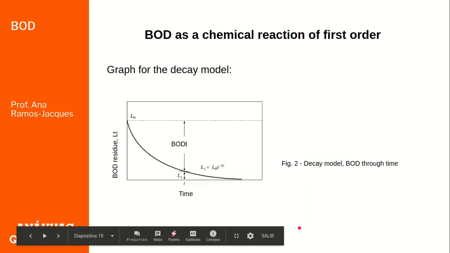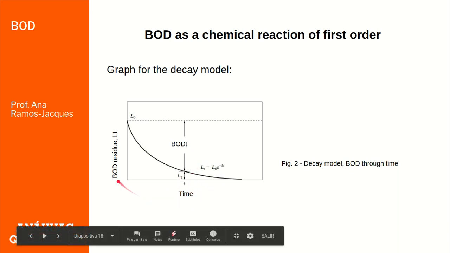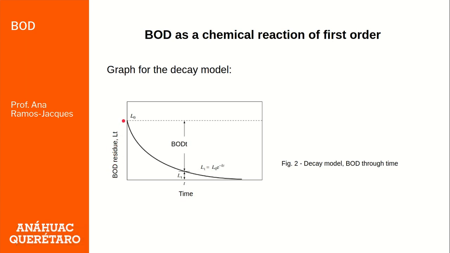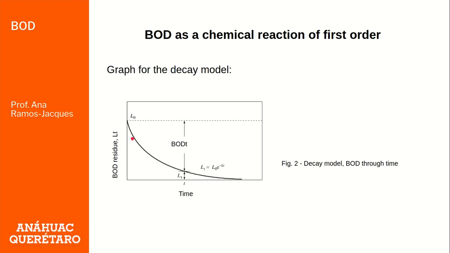If we graph the equation 4 formula, you can see the exponential decay model as a function of time. So the BOD content in the flask is going to decrease like this. If you have some scales here, you can see the values for BOD through time.